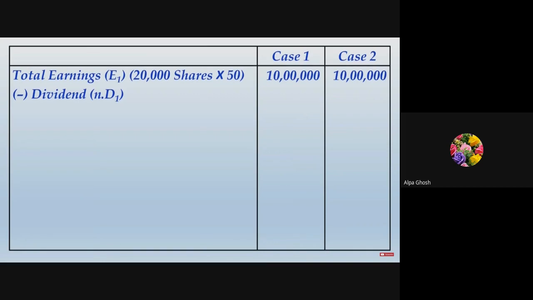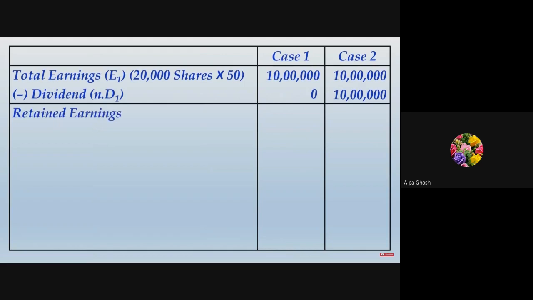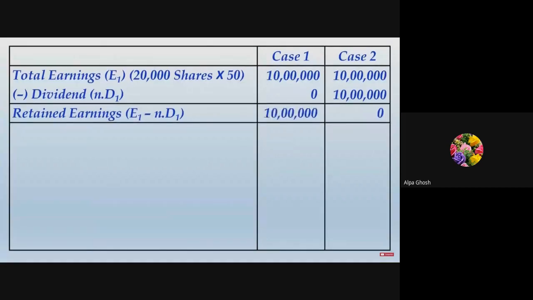In case 1 dividend is 0, in case 2 dividend payout is 100%, so N into D1, representing the total amount of dividend, will be 0 in case 1 and 10 lakhs in case 2. From total earnings, if I subtract total dividend, what I will get is retained earnings, which by formula would become E1 minus N into D1, and that would be 10 lakhs and 0.